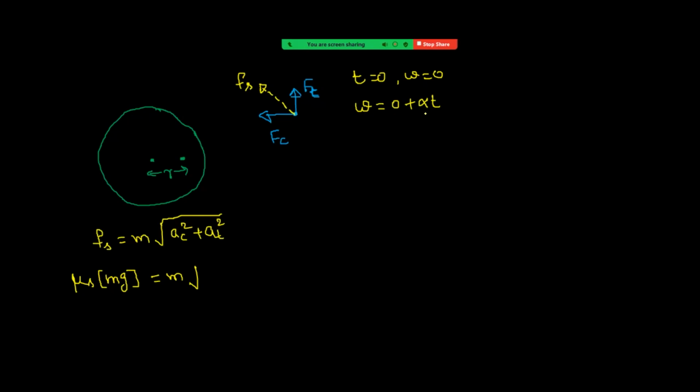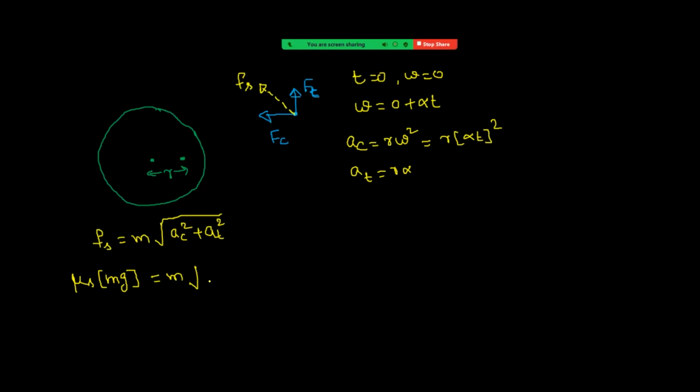This is omega as a function of time, right? So AC value is r omega square, that is r into alpha t whole square. AT value is R alpha, and the condition given is that alpha is a constant.